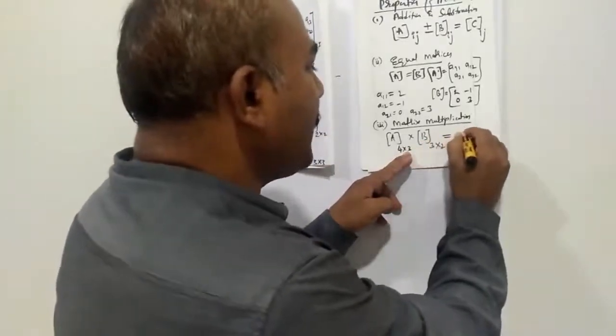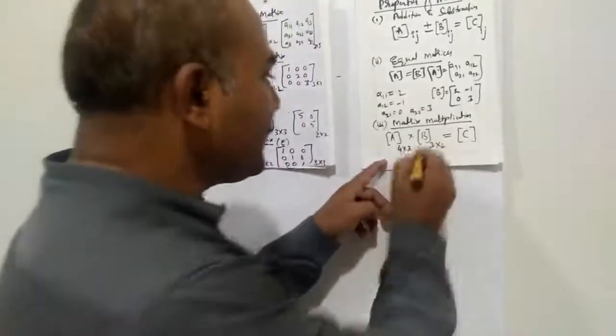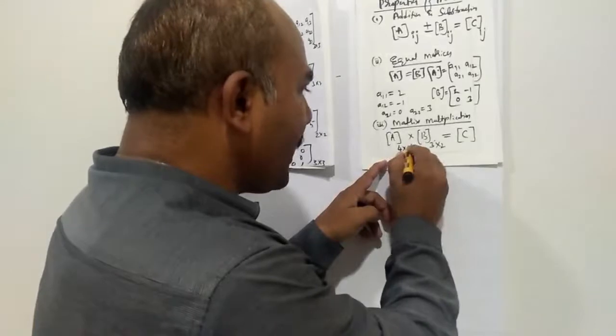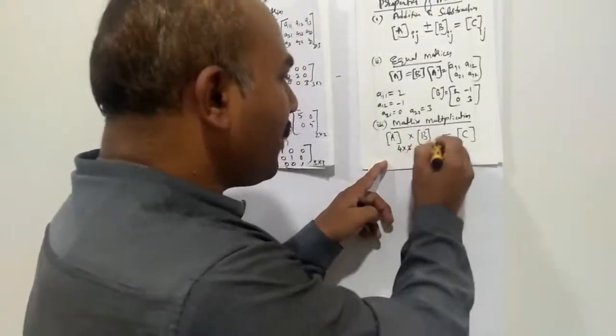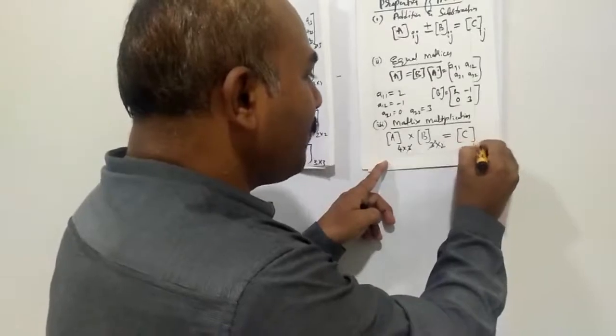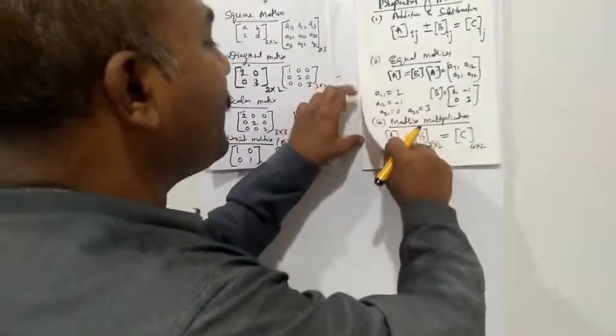Then this gives us the answer matrix C, in which the number of columns of A is cancelled with the number of rows of B, and the C matrix will be of the order 4 into 2, that is, 4 rows and 2 columns. We will take the matrix multiplication with an example.